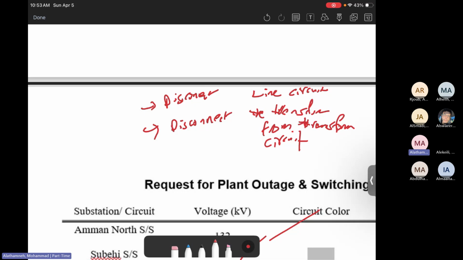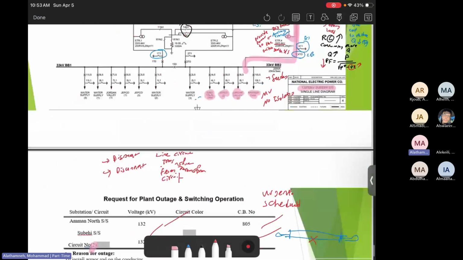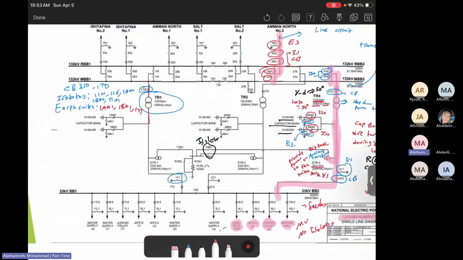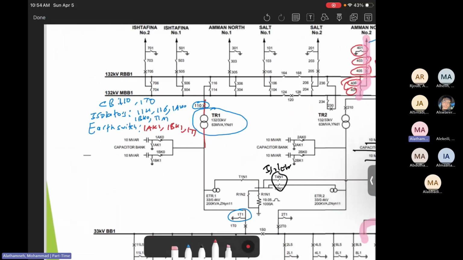Keep in mind that when you disconnect the power from the line circuit, do the same thing that we did here exactly. While if you disconnect the power from the transformer circuits, do the same thing that I wrote here. Circuit breakers, isolators, earth switches.